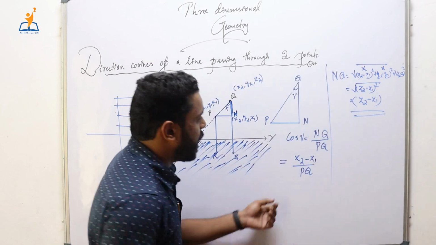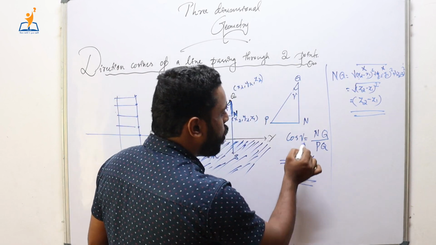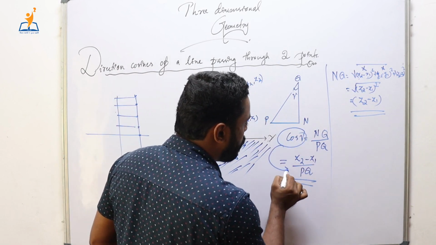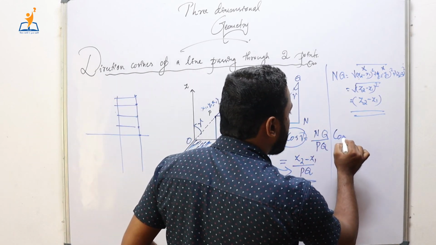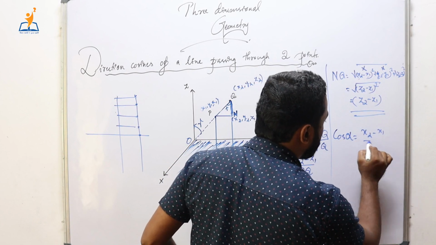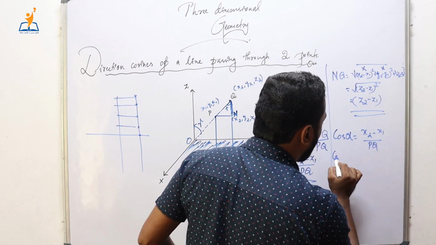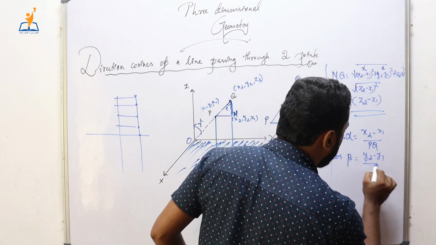So we have NQ equal to z2 minus z1, and cos gamma is obtained as z2 minus z1 by PQ, right? Similarly, cos alpha can be obtained as x2 minus x1 divided by PQ, and cos beta is nothing but y2 minus y1 divided by PQ.